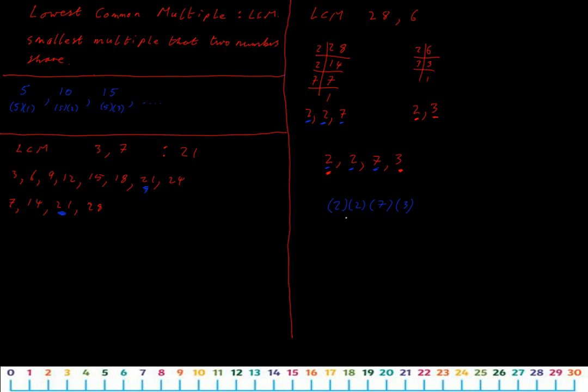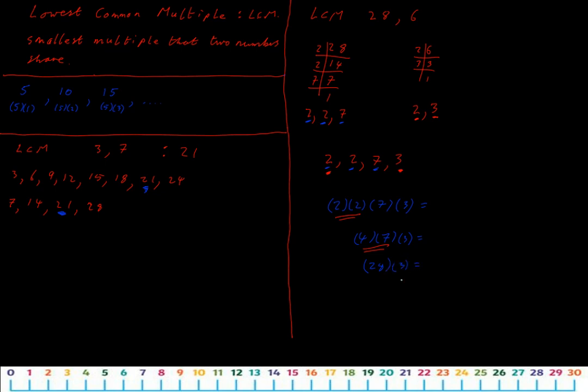So we're going to start off at the left-hand side, and we're going to have 2 by 2 is 4, and we're left with 7 by 3, and we have 4 by 7 is 28. So we're still working over here, 28.